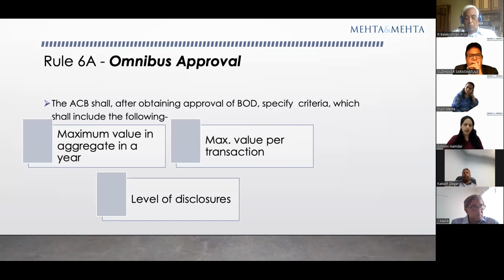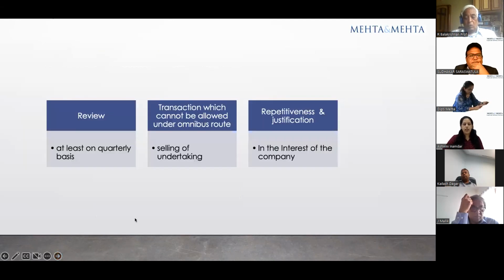So for the approval given by the audit committee, these transaction details will have to be placed before the audit committee. That is the maximum value in aggregate in a year that may be entered into with the related party, the maximum value per transaction, and the level of disclosures, which have to be placed before the audit committee for their omnibus approval.